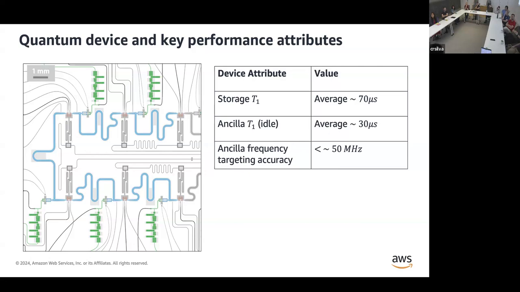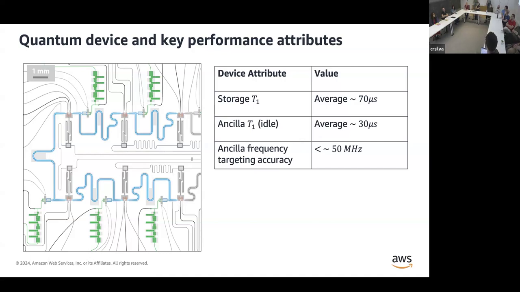Our ancilla qubits, really qubits, not bosonic modes, were around 30 microseconds. That's the average for superconducting qubits as well. We can do much better, but that's what we could do. And we had to do very good frequency targeting, around 15 megahertz, for this to work.